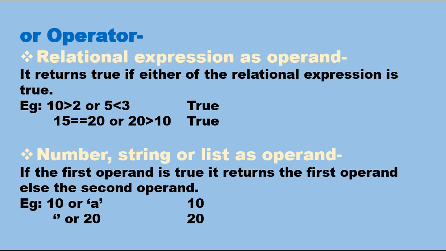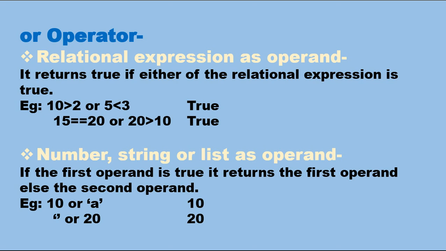Since the first relational expression, that is 10 greater than 2, is true, therefore it is going to return the answer as true. In the second example, 15 equal to 20 or 20 greater than 10. In this case, the second relational expression is true, therefore the answer of this final expression will be true.